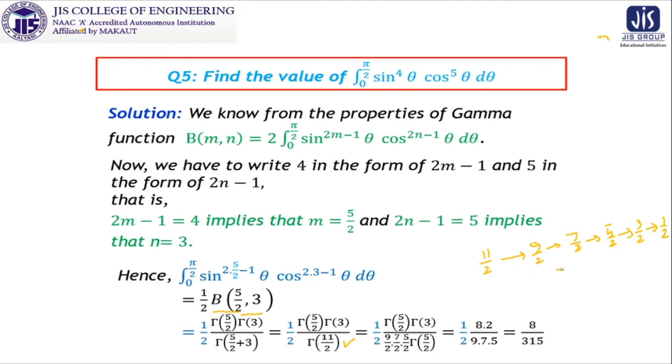And 5 by 2, which is in the numerator part, will be going to 3 by 2, then half, and then gamma half will be having root over pi, and then it will close down. But as they are in numerator and denominator, this particular part gives us the indication that we can cancel them out if we make the problem a little bit rational.